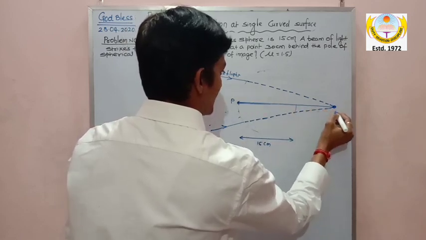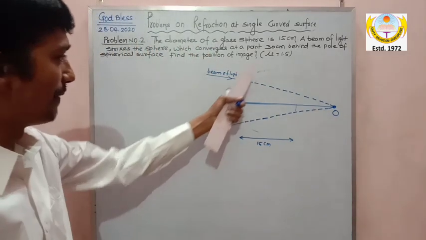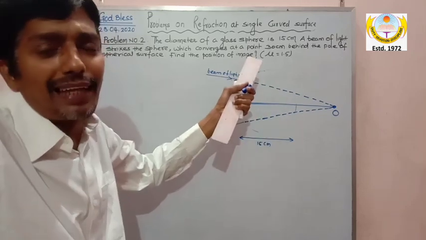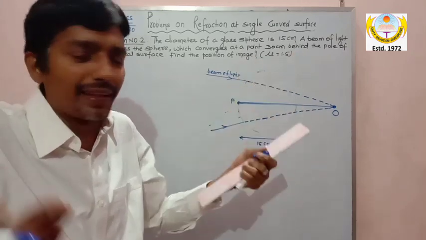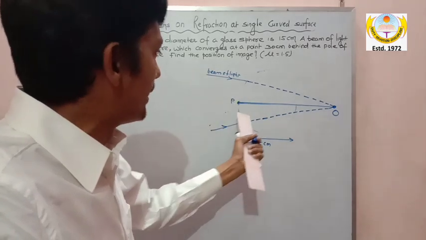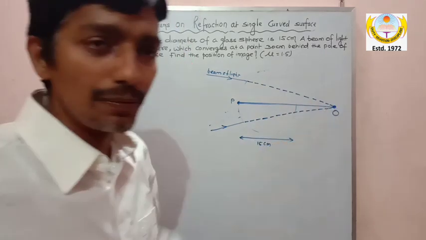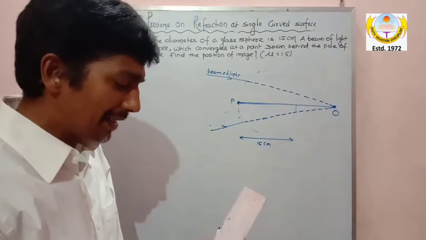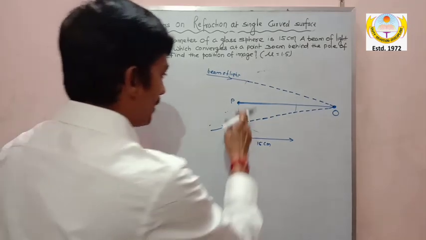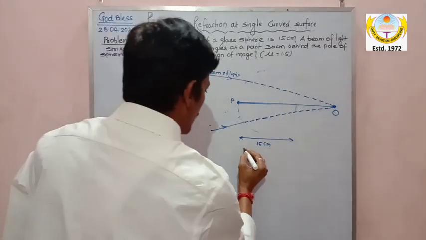Here it converges at point O. You can see, and now I have not taken the glass surface. I assume, consider there is no glass surface. Then this beam of light which is coming from a distant object will converge at point O. Now my dear, if I draw, this is in imagination, and what they said, it will be 30 centimeter behind the pole.